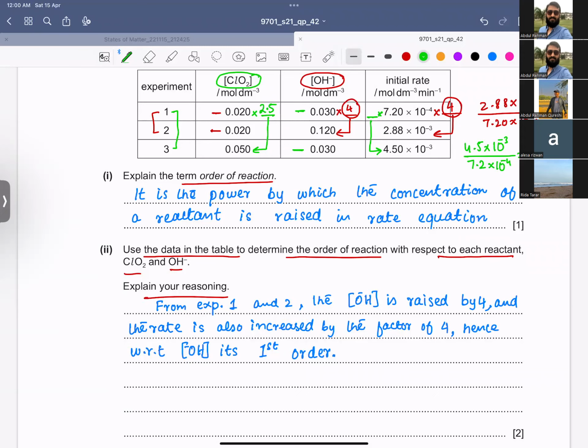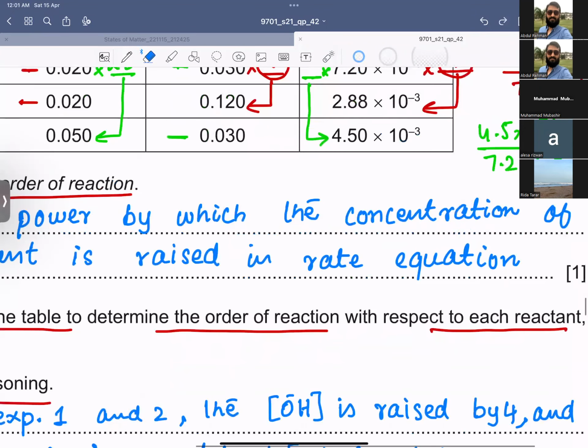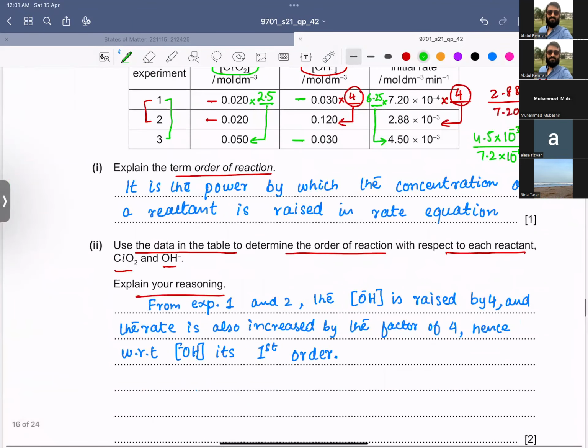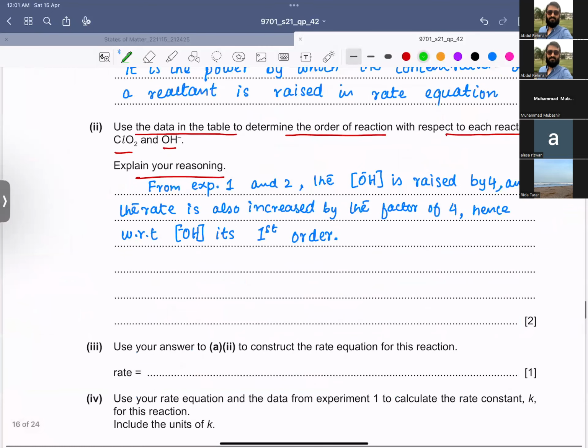So it will be second order. And how will we figure out that it's second order? Can anybody take the square root of 6.25 and tell me? Sir, 2.5. So how would you explain or state this?